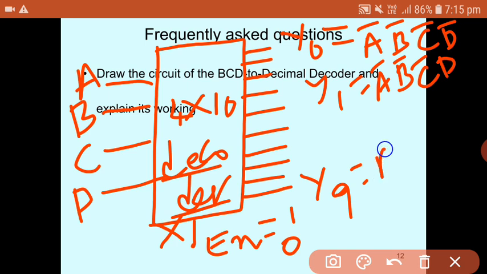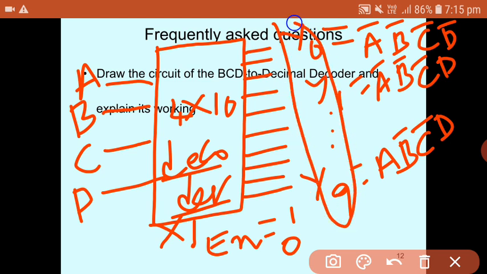Y9 is equal to A, B bar, C bar, D. Likewise, you need to write the expressions for every output, and after that do a simple realization using basic gates. You need to consider the four inputs A, B, C, D, and also their complements A bar, B bar, C bar and D bar, and correspondingly realize each output from Y0 to Y9.